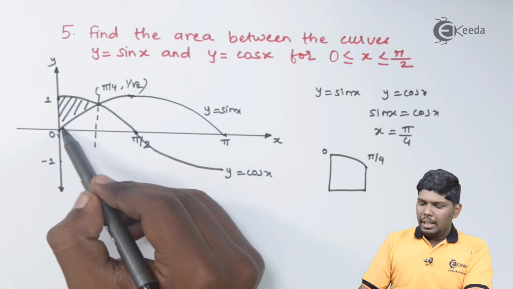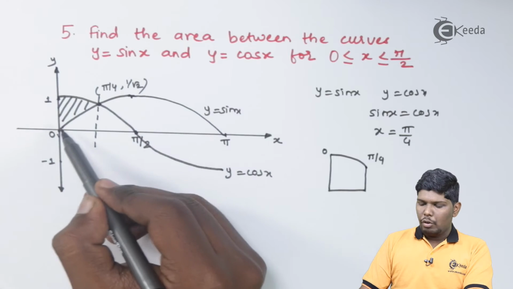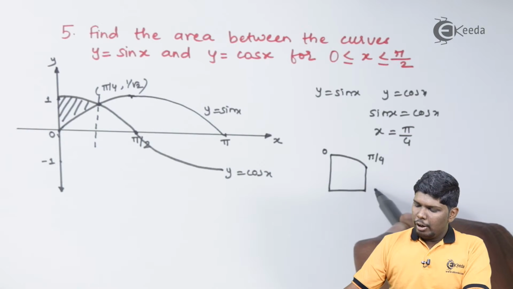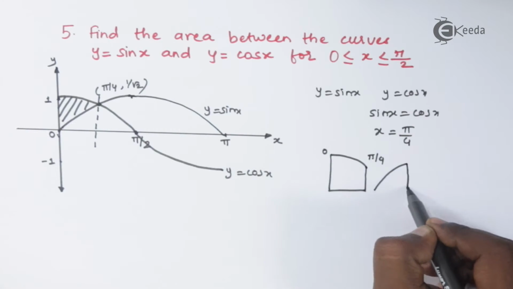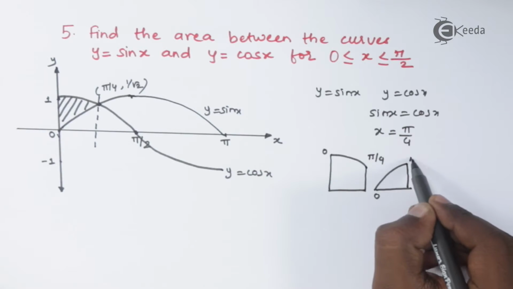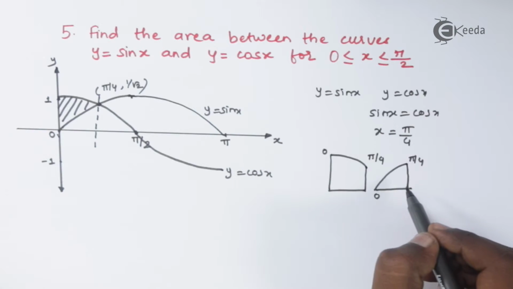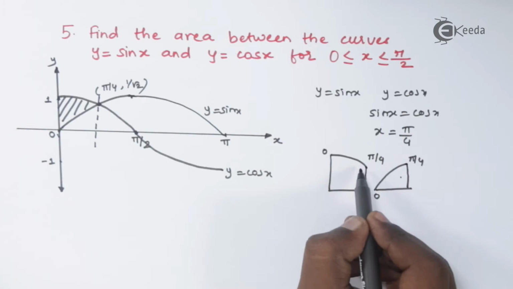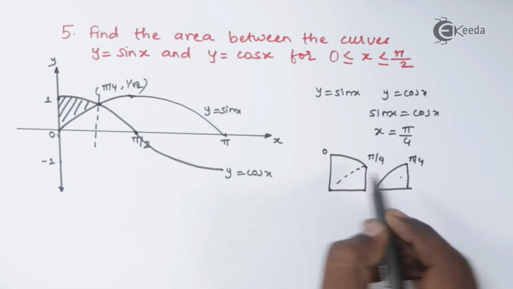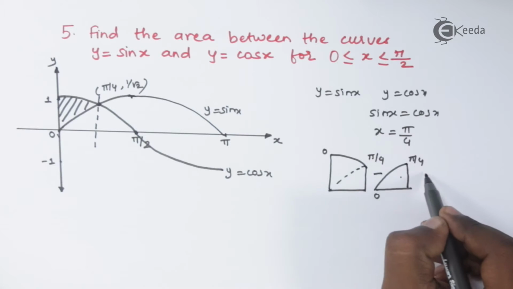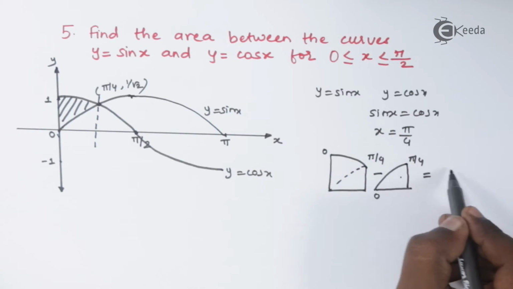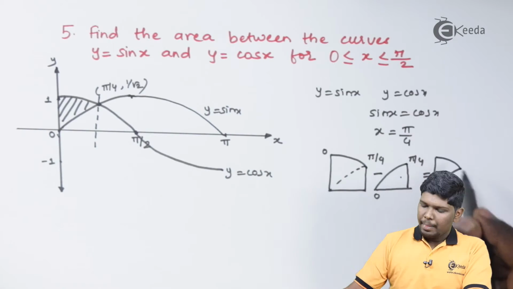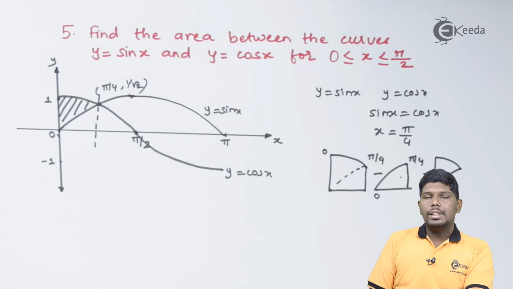Similarly, if I find the area under the curve sin x from again 0 to pi by 4, I will be getting this shape. Again we have 0 and pi by 4. And just imagine if I overlap this area here, this part will come here, right? And if I subtract these two regions, the answer will be the remaining part. And that is the area which is asked in the question.